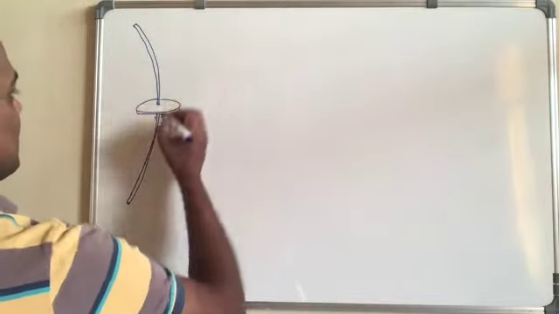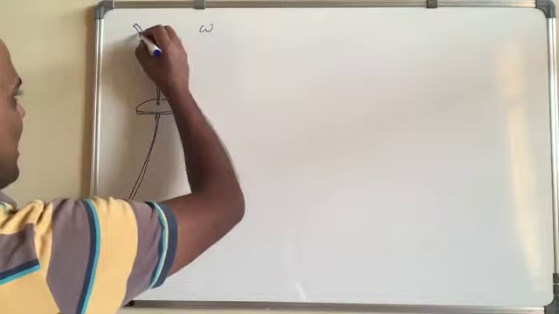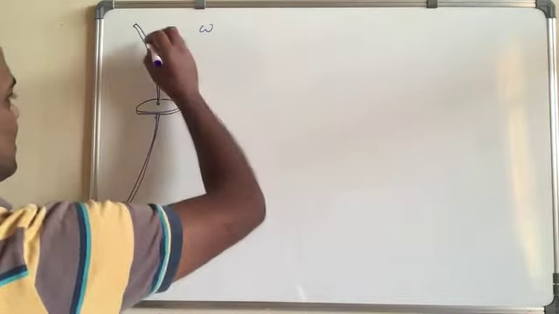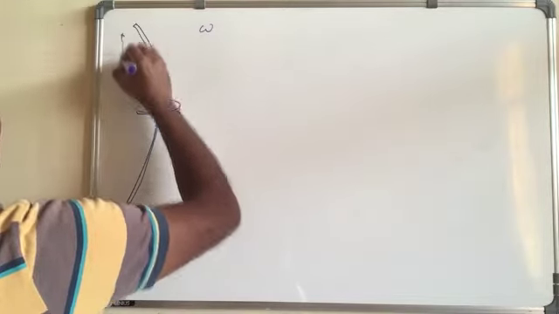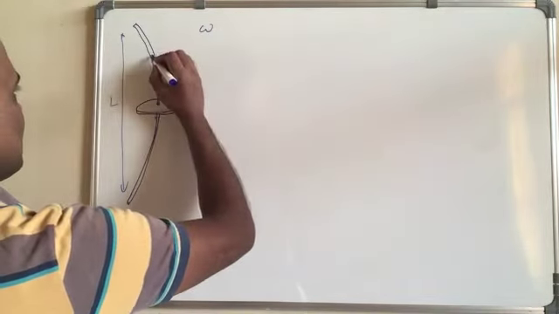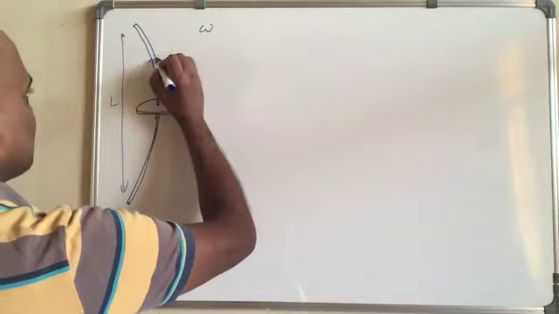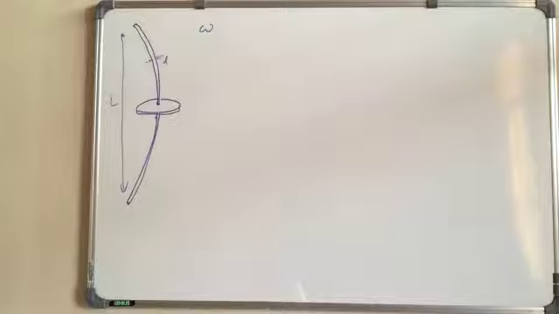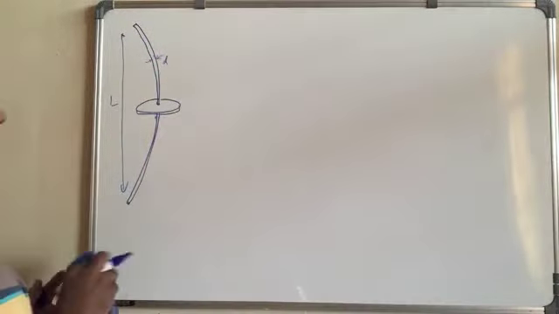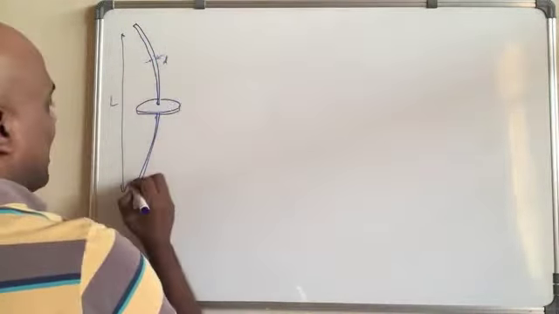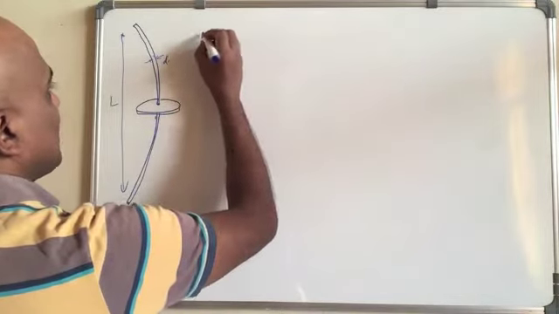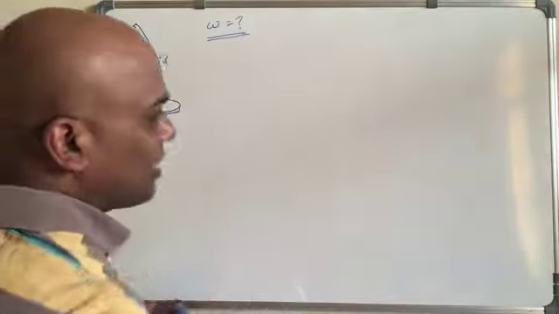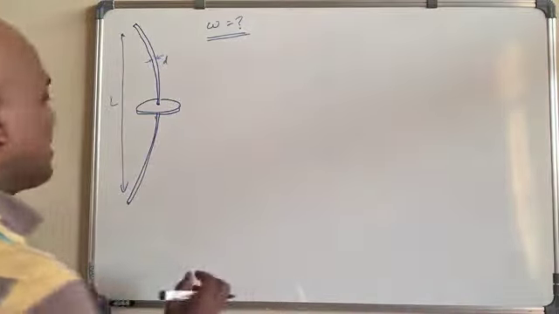I gave the values of the span L, then gave the value of D. And what I asked was to find what omega is equal to, when there were some conditions.